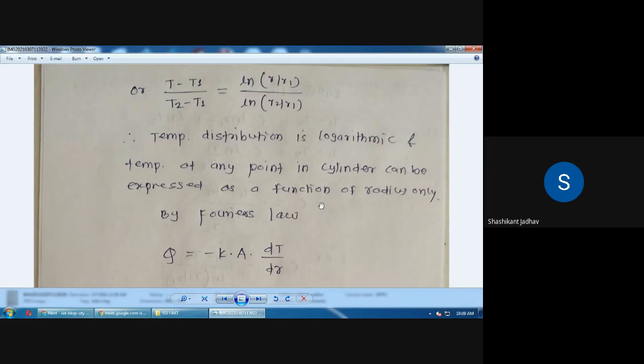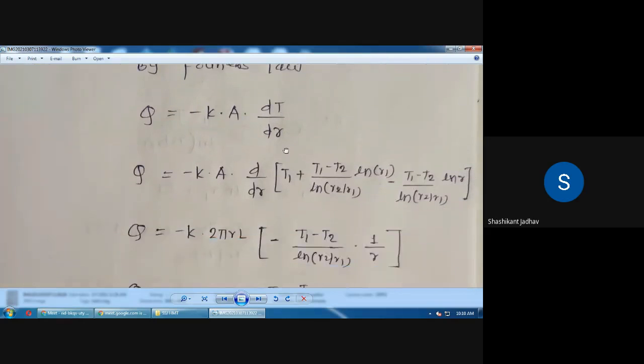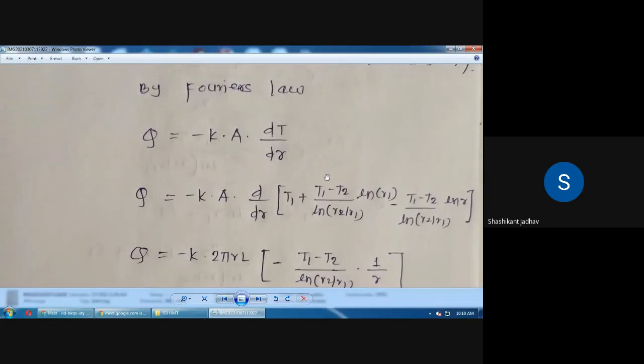So instead of thickness, there is a thickness of that small element we have considered as a dr. Okay, so by Fourier's law, Q is equal to minus K into A into dt by dr. So write down by Fourier's law, Q is equal to minus K into A into dt by dr.